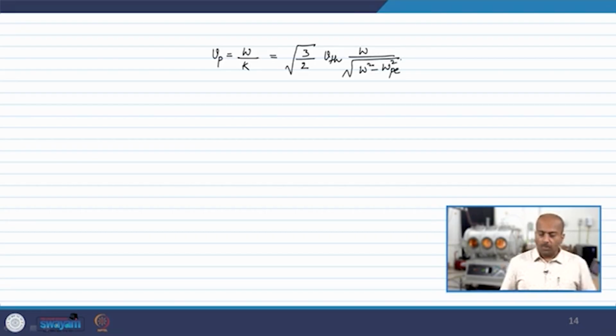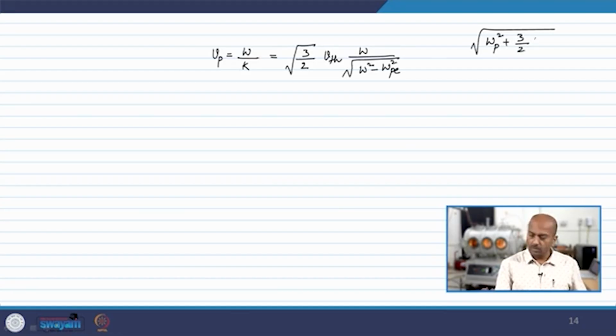So, it is basically omega, the square root of omega p square plus 3 by 2 k square Vth square, divided by k.